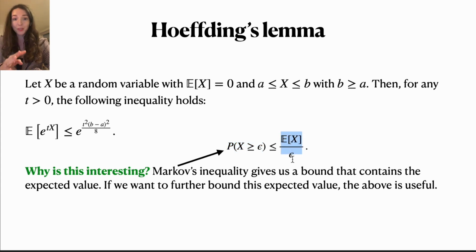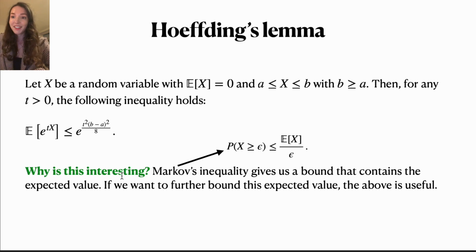So now suppose somehow I also want to keep bounding the right-hand side, so keep bounding this expected value, then potentially you can see that this Hoeffding's lemma might come in useful, because that's exactly what it gives. It gives us a bound on the expected value of the random variable, and specifically the expected value of the exponential of that random variable. So that's the relation between why we're suddenly looking into Hoeffding's lemma.